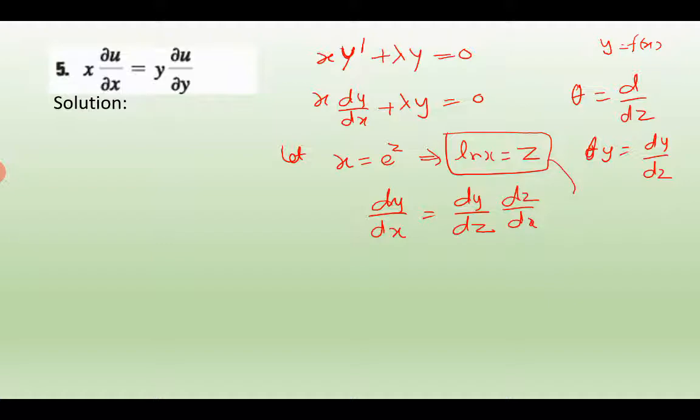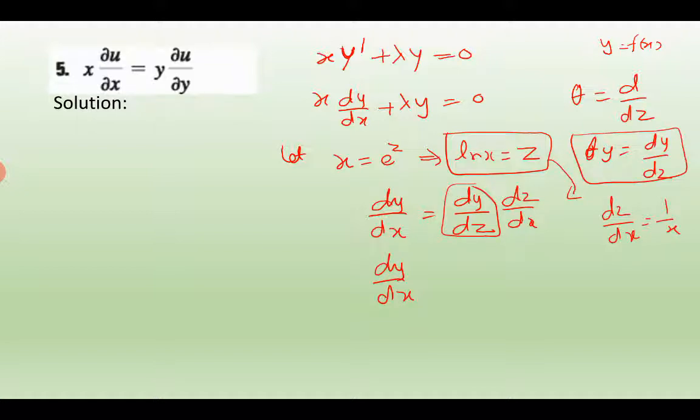From this, when you differentiate z with respect to x, you will get dz by dx is 1 over x. So here dy by dx will be expressed as theta y, and this one will be 1 over x. So multiply x to this side, you will get x into dy by dx is equal to theta y.